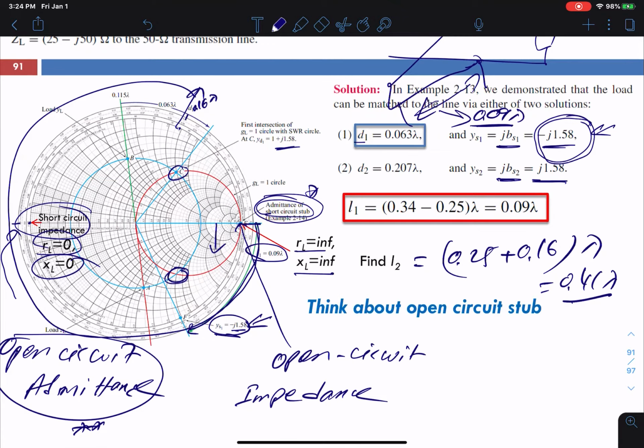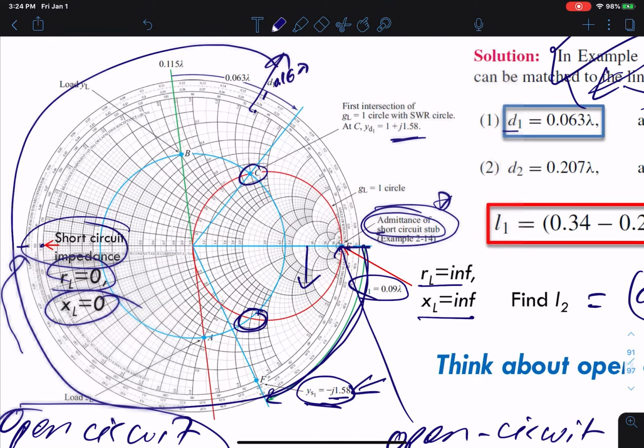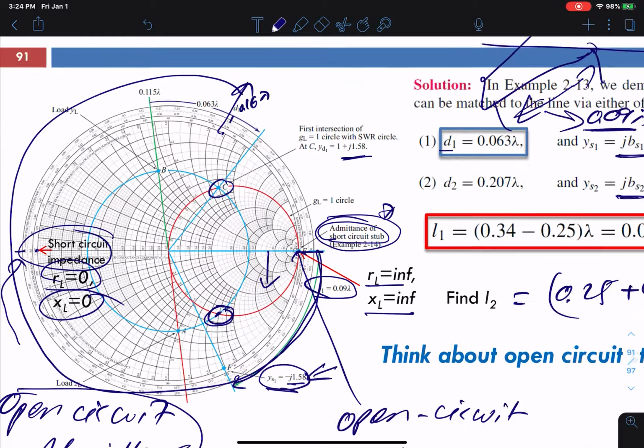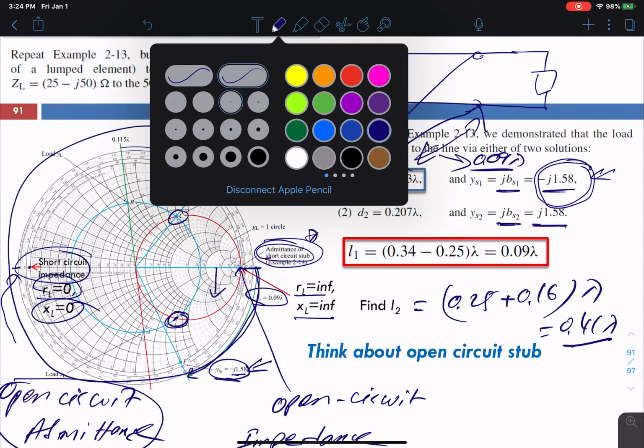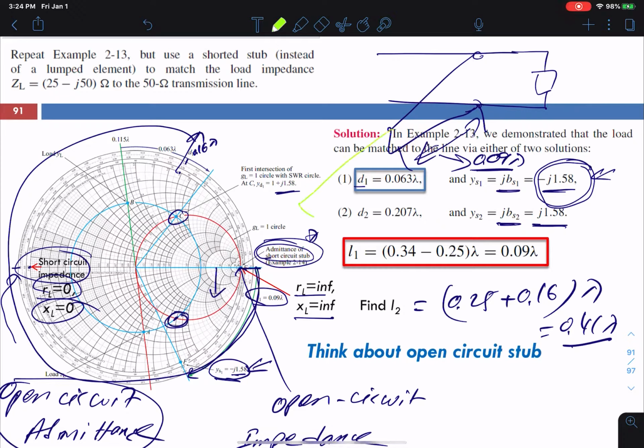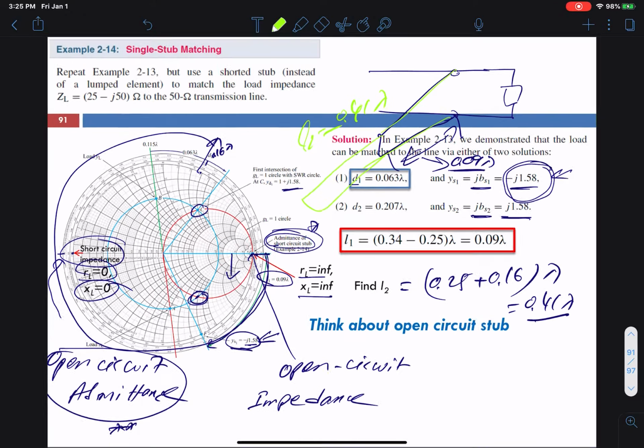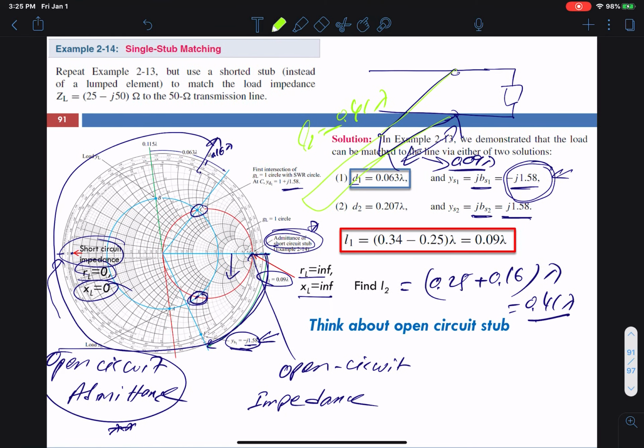So if I use this matching point, my short circuit stub needs to be longer. That length L2 would be 0.41 lambda, right? So that's how you use the short circuit stub.